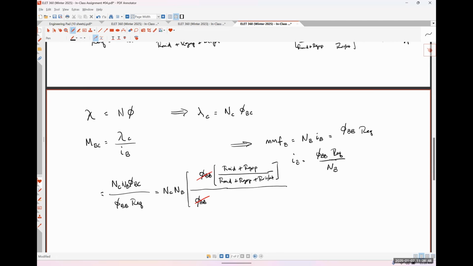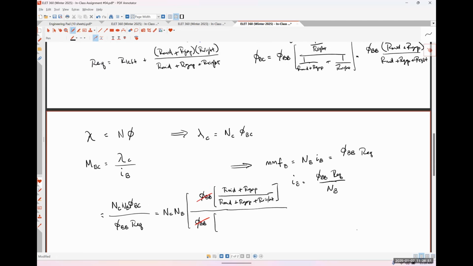Where we could put REQ as R left plus R mid plus R gap times R right divided by R mid plus R gap plus R right.